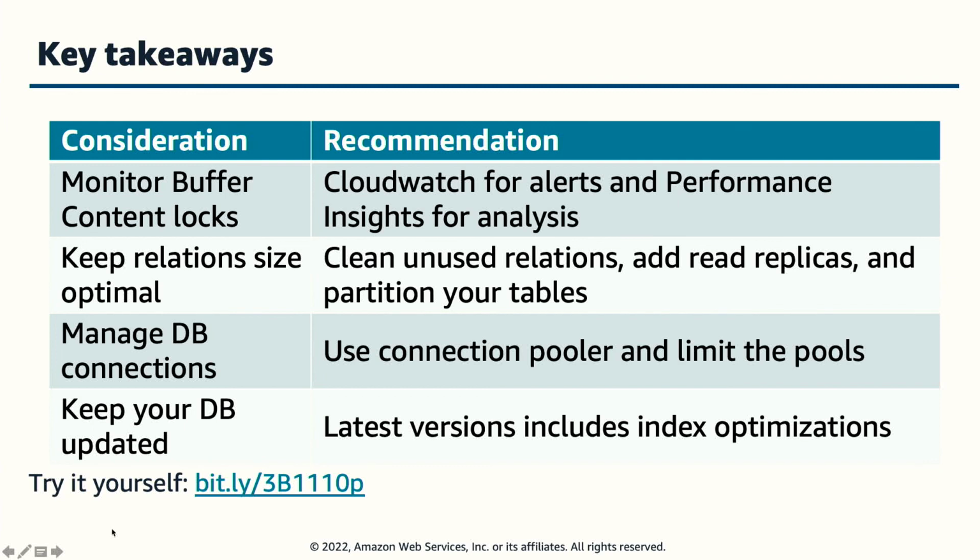Specifically, in Postgres 13 and higher, there are optimizations around duplicate index values. Essentially, instead of indexing each value, it's now aggregated, so it reduces the index size. And like we said earlier, keeping the index size smaller and the relation size optimal is going to be very beneficial.